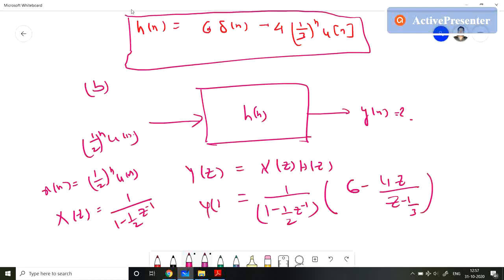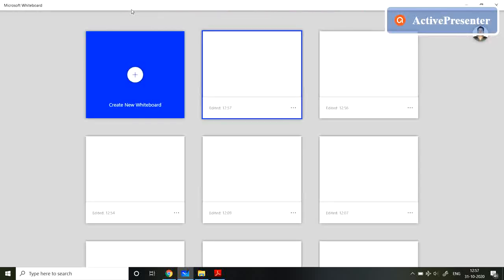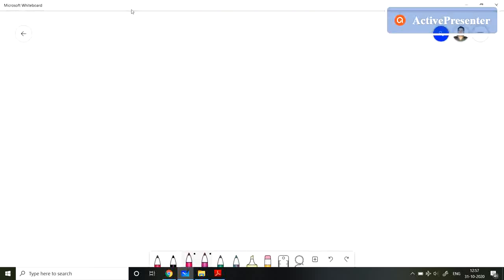Now if we solve this, then we will get Y(z) is equal to 2z minus 1 divided by z minus 1 by 2 times z minus 1 by 3.